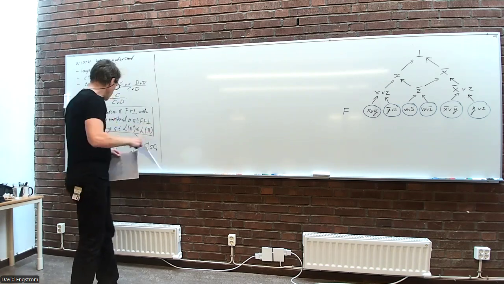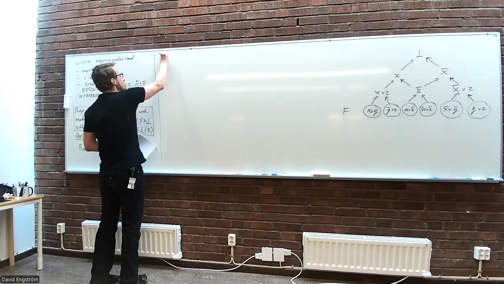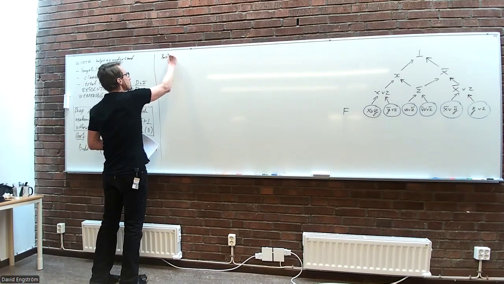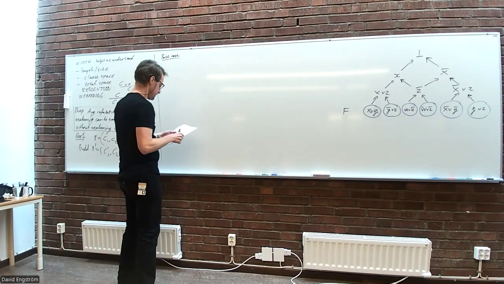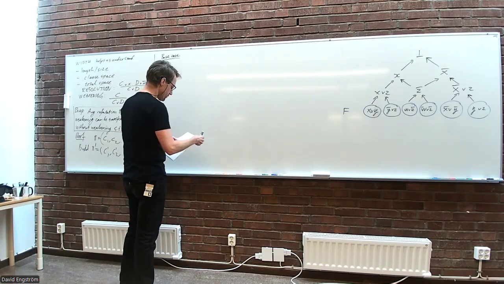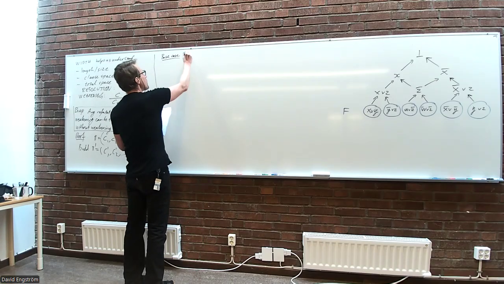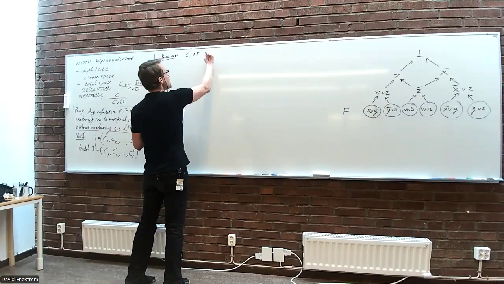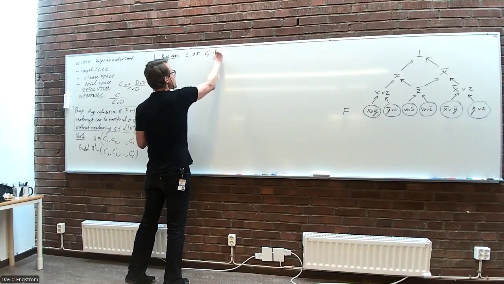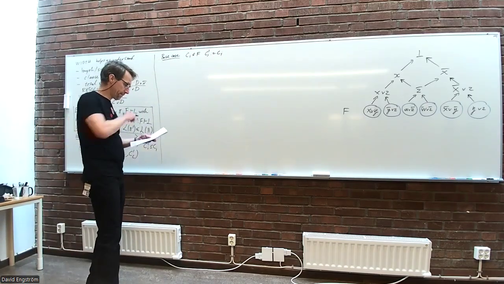Okay, so the induction is kind of straightforward. What's the base case? Well, the base case is if Ci is an axiom. If so, I just set Ci prime to be Ci. This is clearly valid.